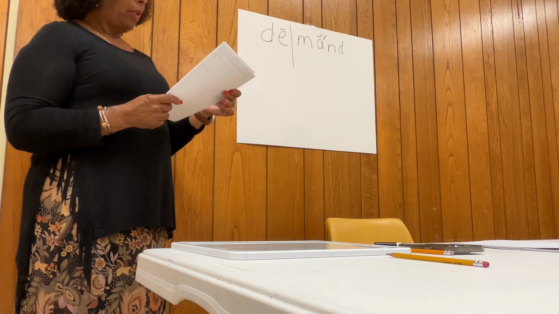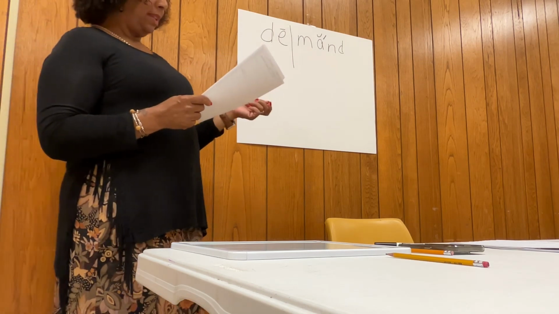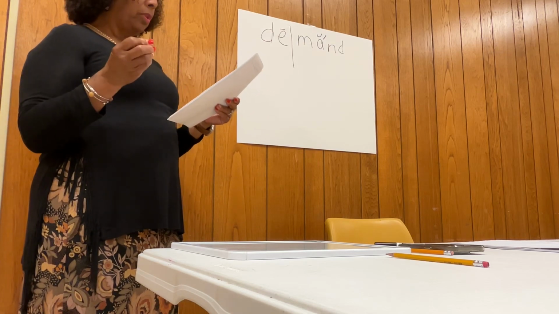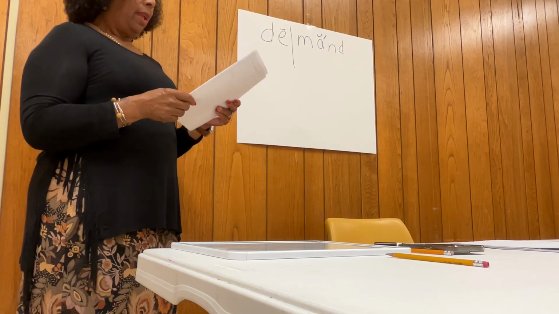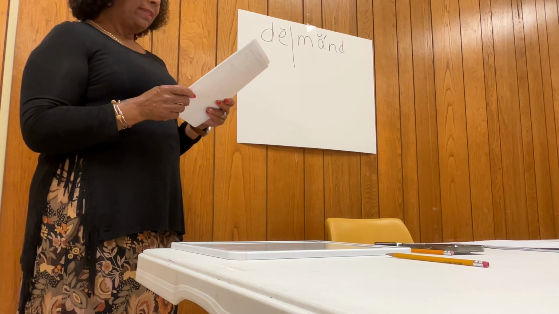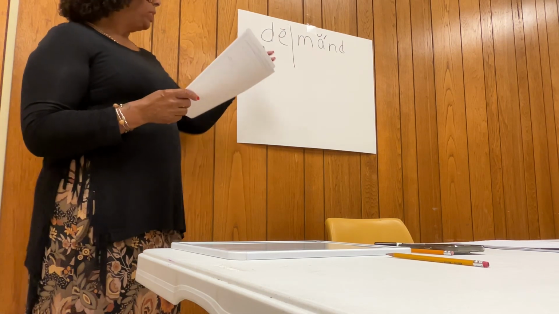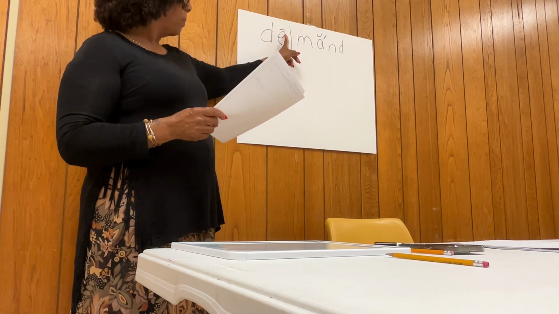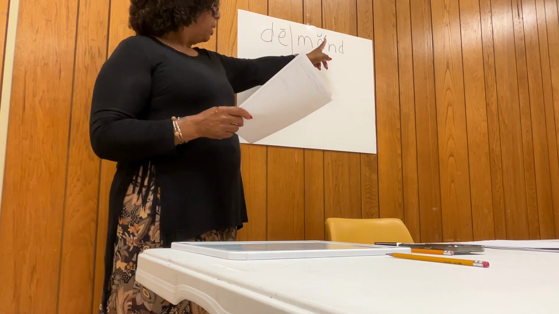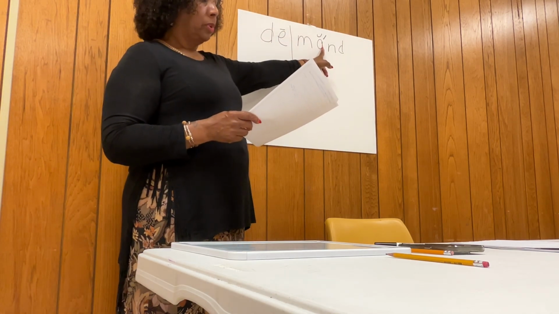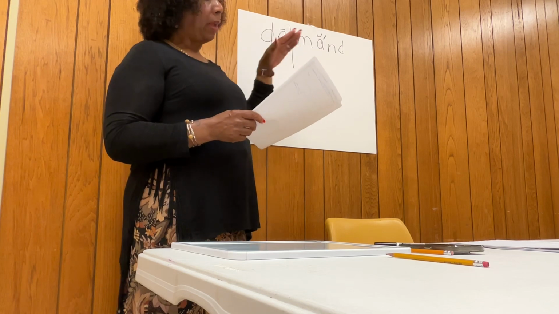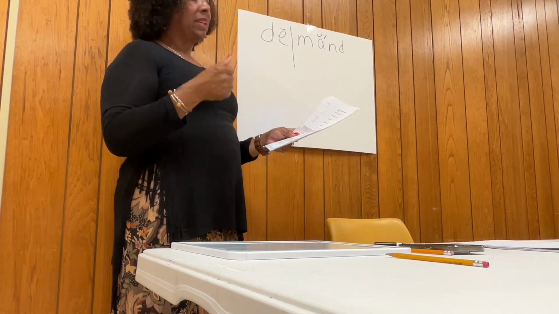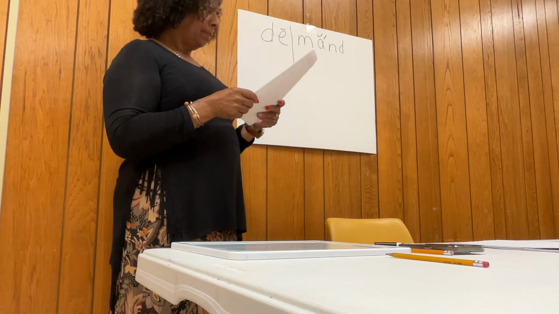Then we go back again and read with the accent. We change the accent to the second syllable and read again, which we just did just now. It made it sound more like what we would say. We don't say D-man. The emphasis is on the last syllable: demand.